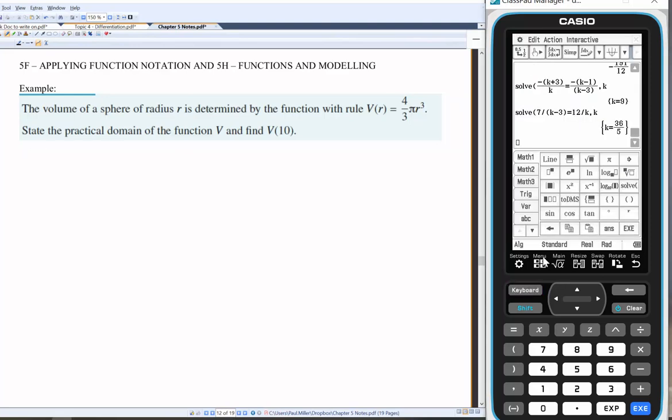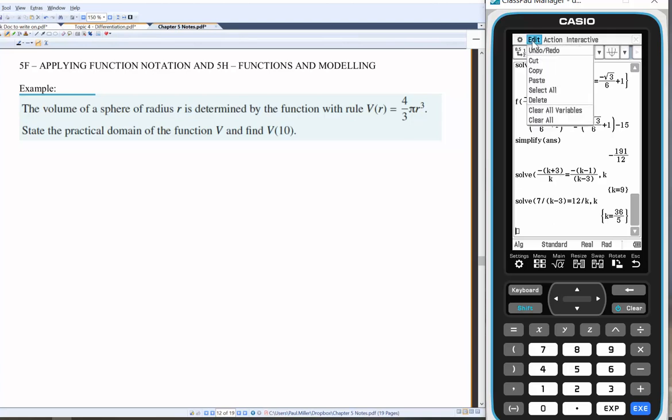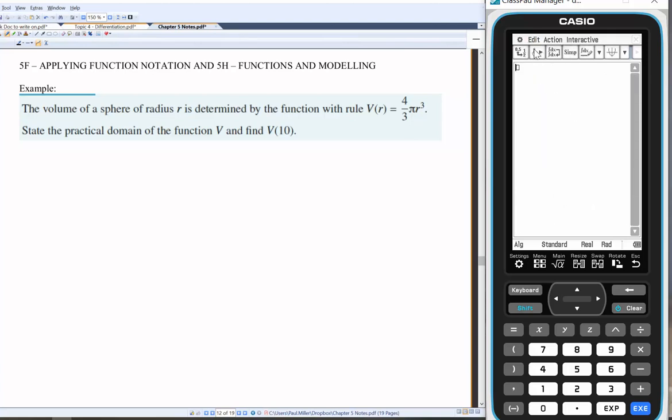I'm going to go into graph and table, and we're going to graph it. Actually, let's not do that. Let's go into main and let's define our function.